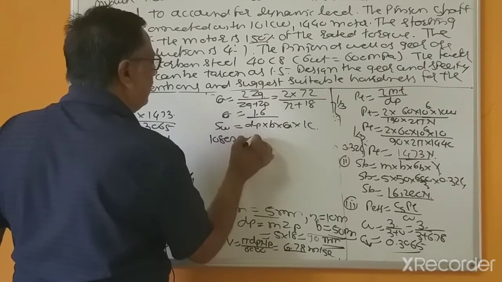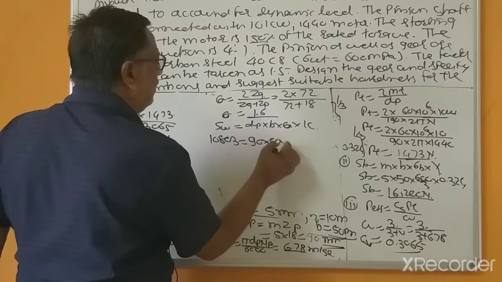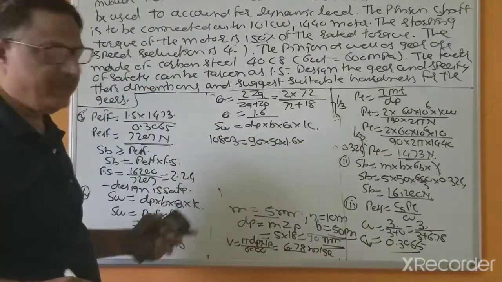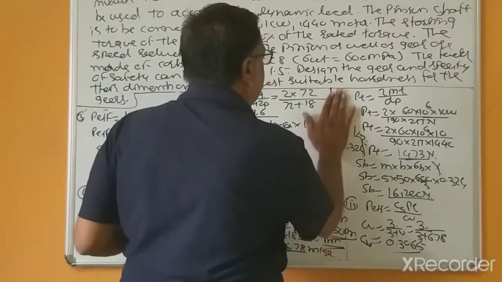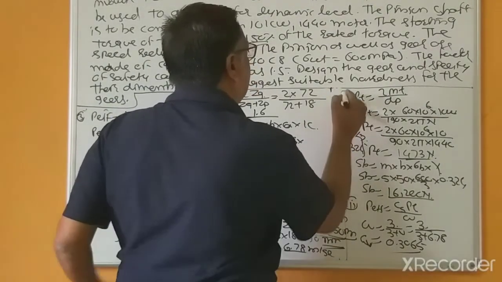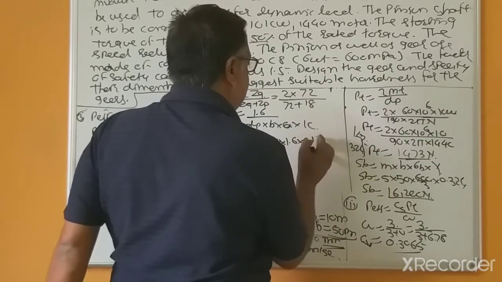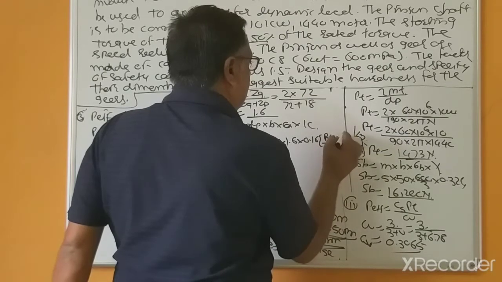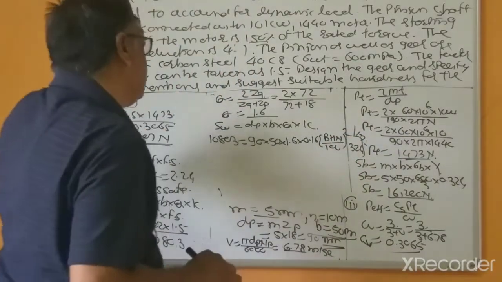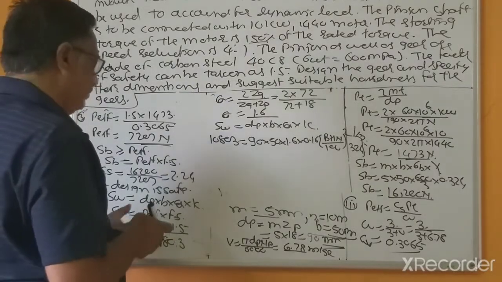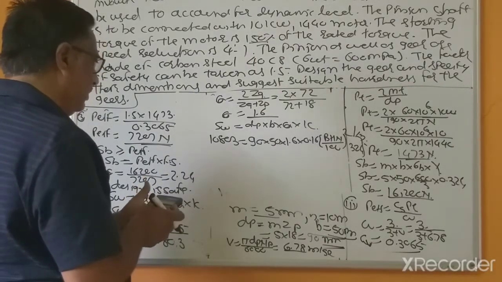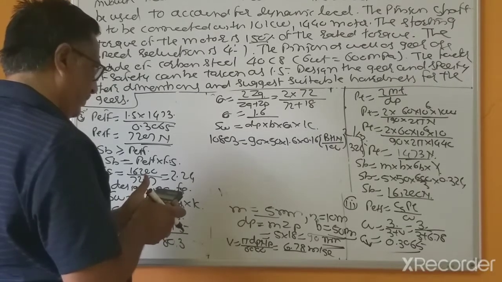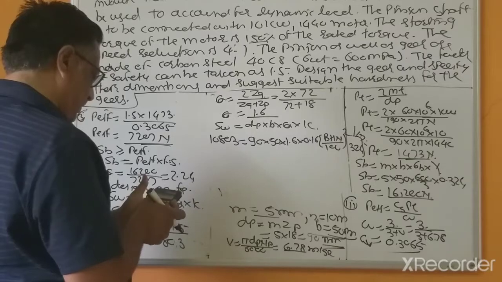dP is 90, B equal to 50, Q equal to 1.6, and because this material is steel, K equal to 0.16 in brackets BHN divided by 100 squared. So this is the formula. So this is divided by 90, divided by 50, divided by 1.6, divided by 0.16.